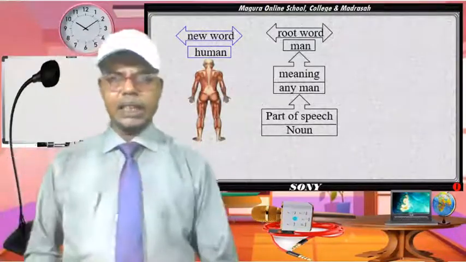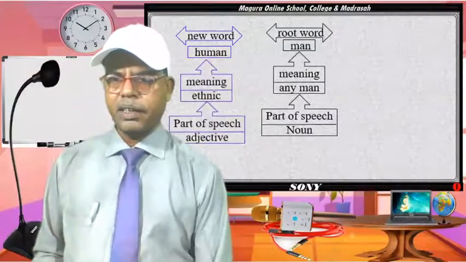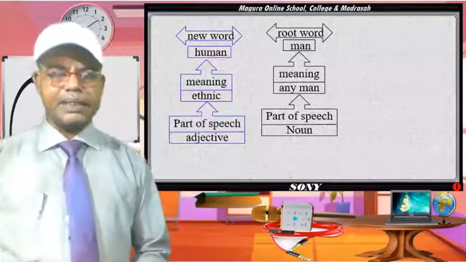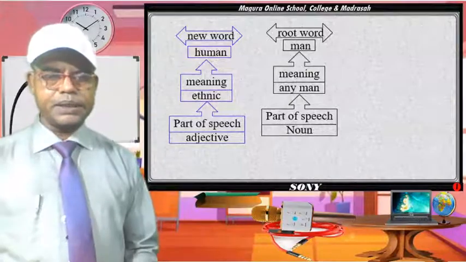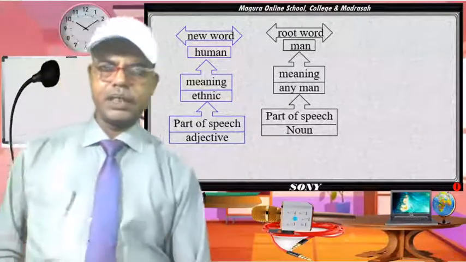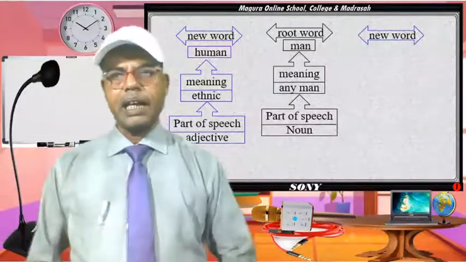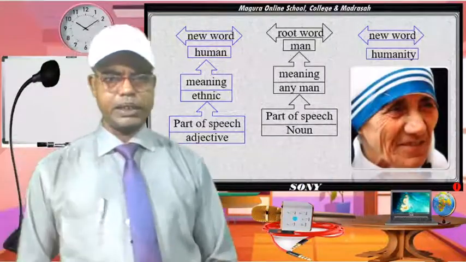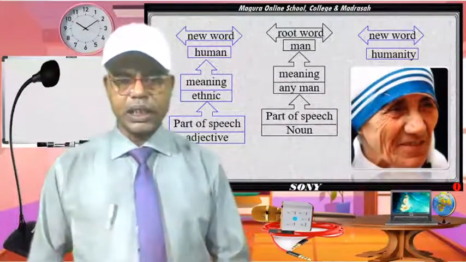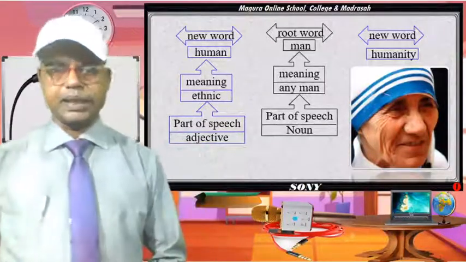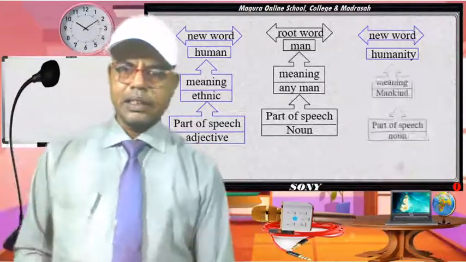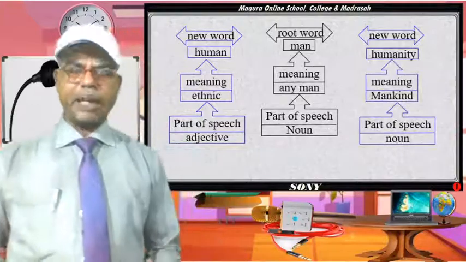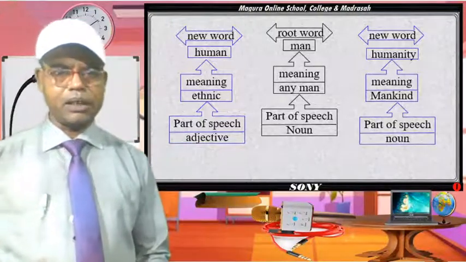So, human is a new word meaning ethical, and part of speech is an adjective. Similarly, at the right hand you see another new word, that is humanity. You can also see a picture of Mother Teresa. So humanity meaning mankind, and part of speech is noun.